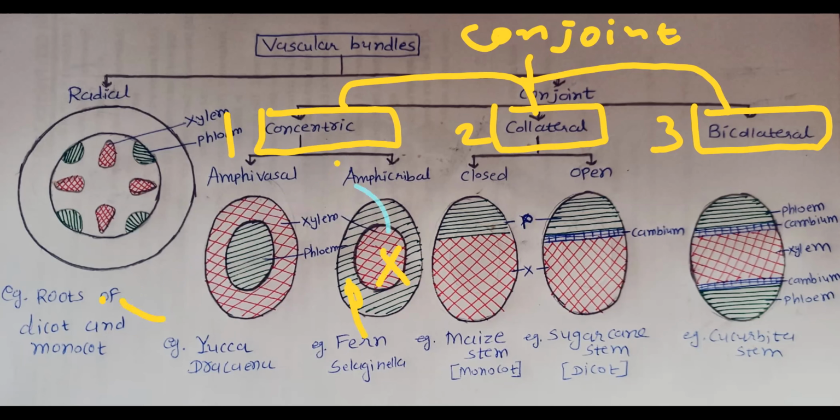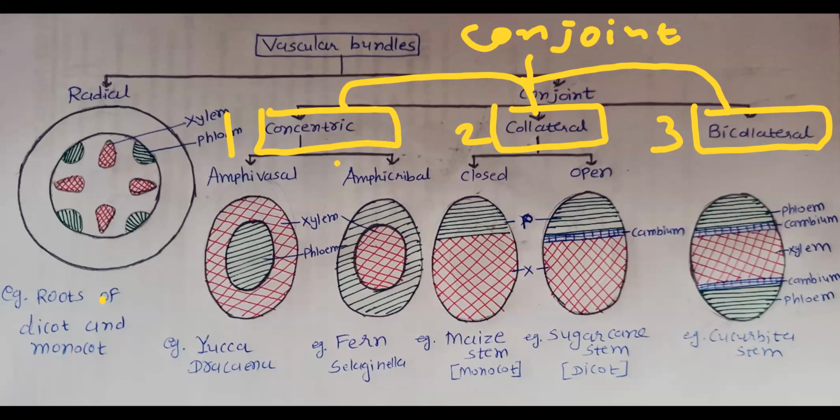Is it visible to you, this arrangement? That conjoint pattern in which not only they are together, but one of them encircles the other. The xylem encircles the phloem in case of amphivessel, and phloem encircles the xylem in amphicribal. Both come under concentric type of conjoint bundles. Examples are quoted below them.